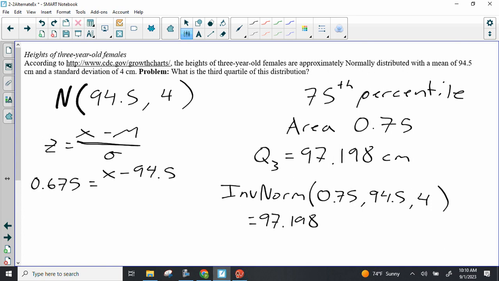And then we know the solution of this thing, right? We know that x is 97.198. So you can be extra thorough and take this step if you like. If not, that's okay too. I just like to show you all of the approaches. You could even solve this for x if you didn't want to go through the inverse normal calculation on your calculator. So that's it.